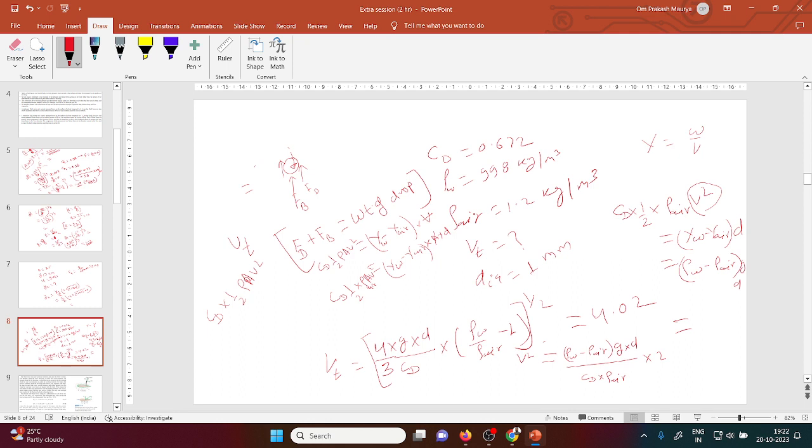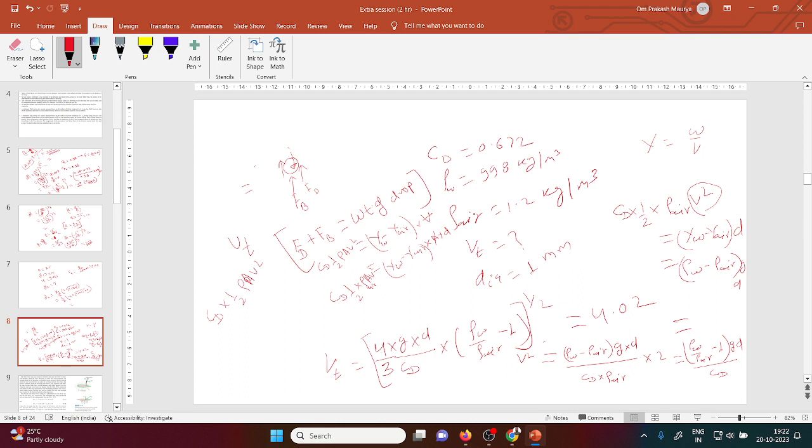So by this, rho W minus rho air, minus 1, this rho air divided by this, right? So G D and CD. So this is the formula. The actual formula is this.